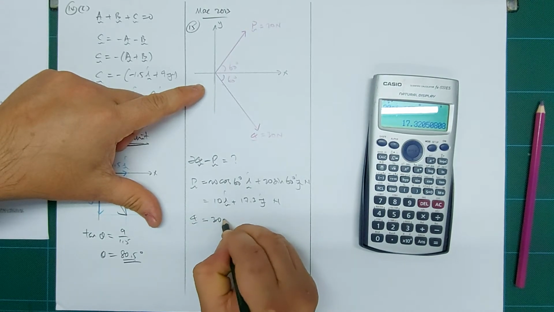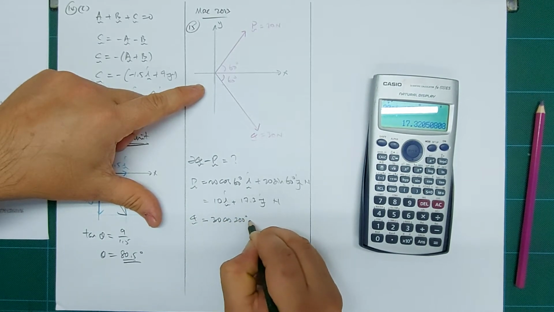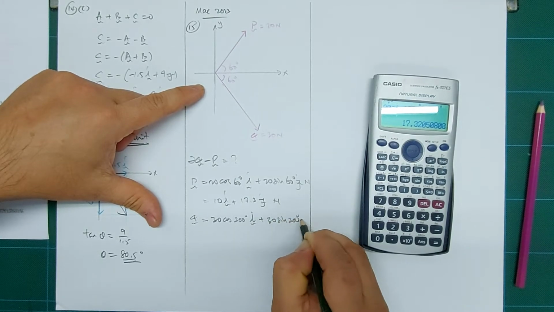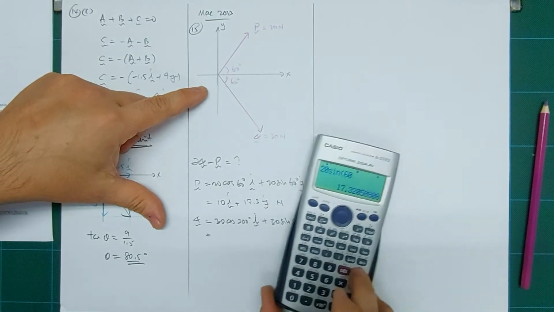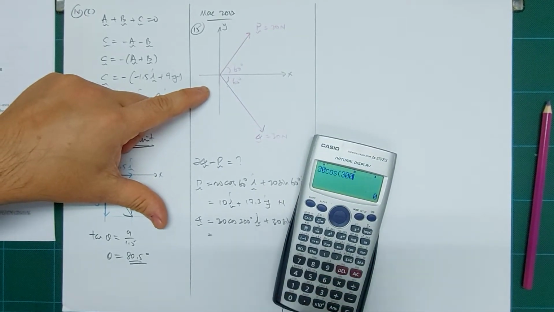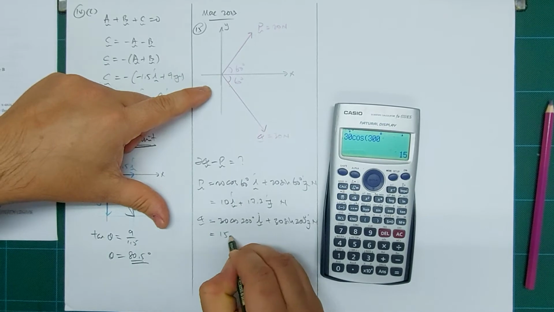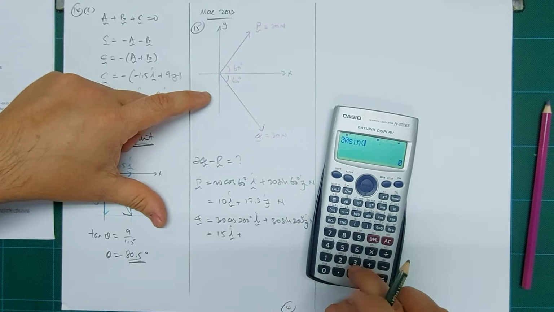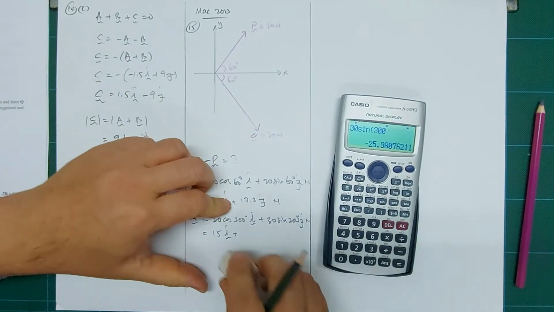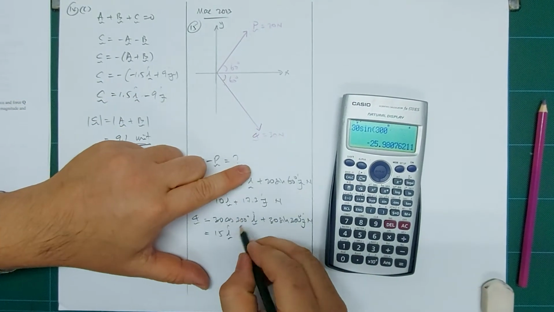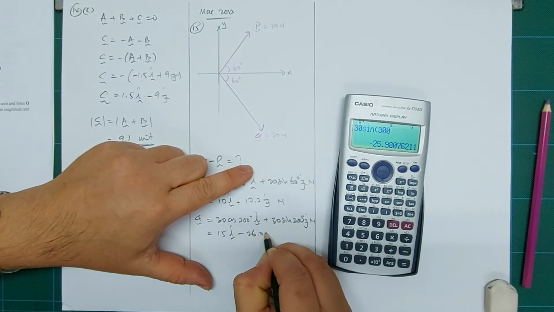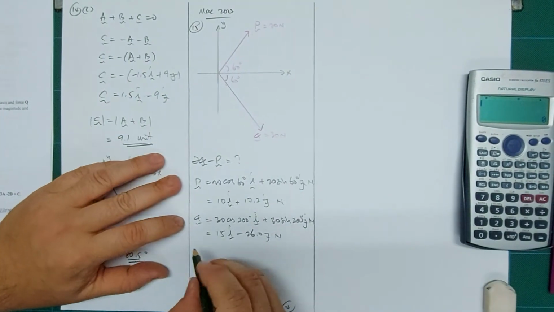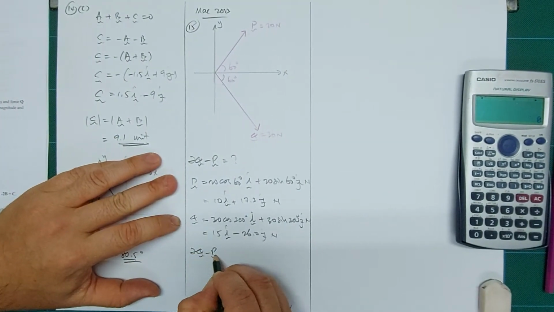So we have 30 cosine 300 degrees i plus 30 sine 300 degrees j Newton. 30 cosine 300, the answer is 15i, plus 30 sine 300, that one will be negative, so we have negative 26.0j Newton.